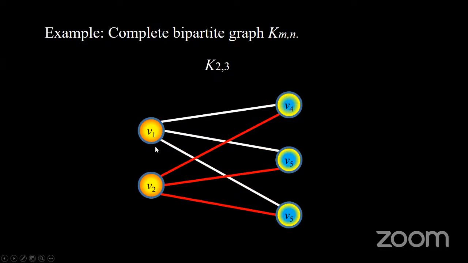That's very important: it is connected to the other side, but not to its own side. So V2 is connected to all on the other side, but V1 and V2 are not connected; there is no direct edge connecting them.